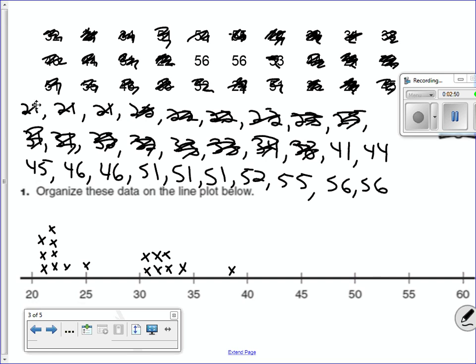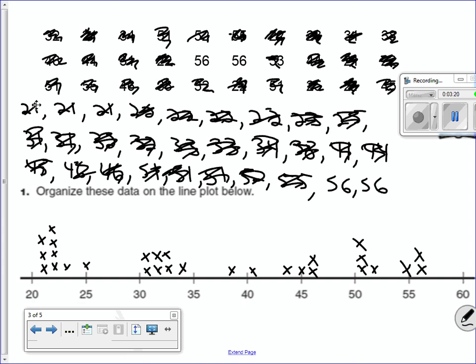So each X represents a number. 41, a 44, a 45, two 46s. Do you see why you wanted to number these in order? Three 51s, a 52, a 55, and two 56s.